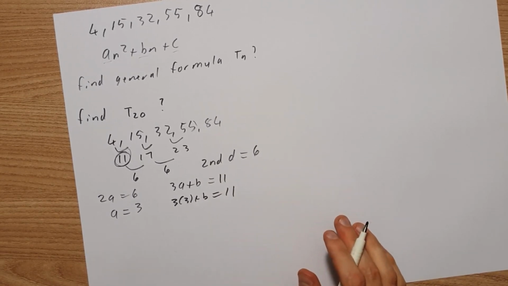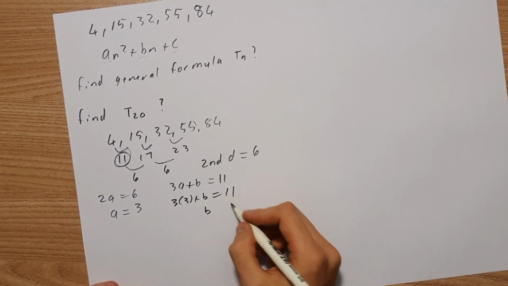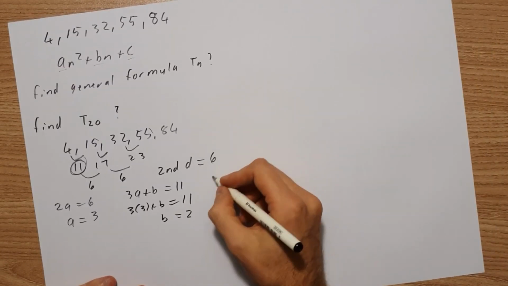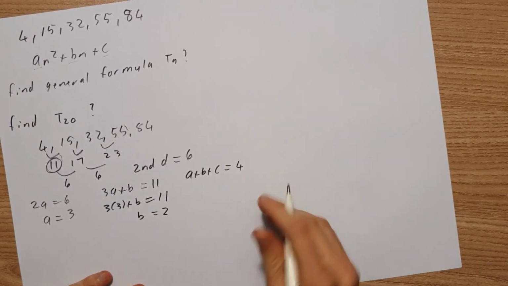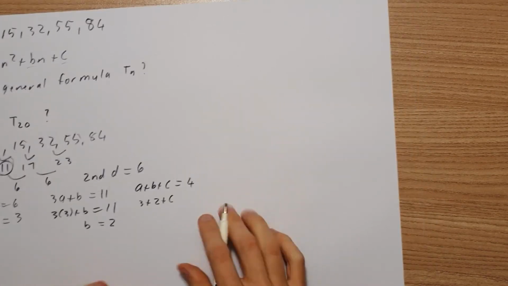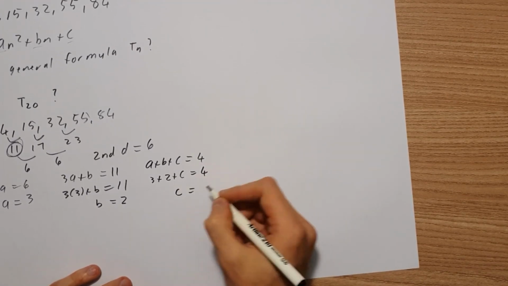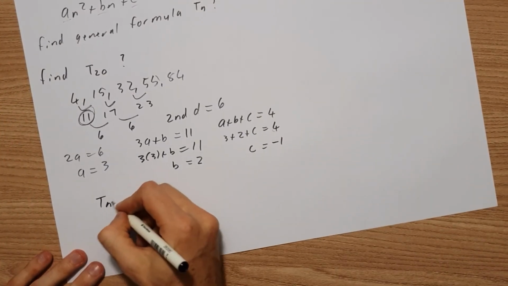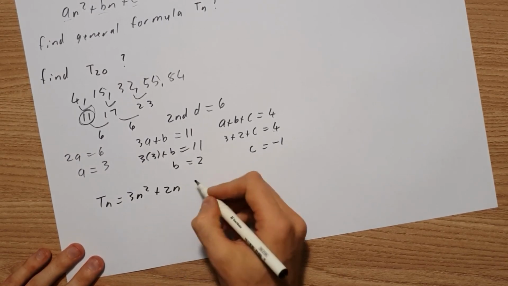If we solve for b, 11 minus 9 gives me 2. Then we have a plus b plus c equals my first term, which is 4. So we'll have 3 plus 2 plus c equals 4. Therefore c is going to equal 4 minus 5, which is -1. So my Tn is then just going to equal 3n squared plus 2n minus 1.